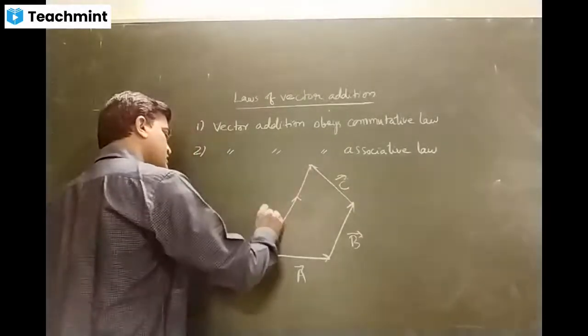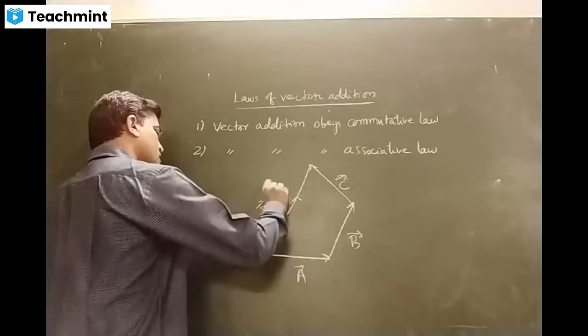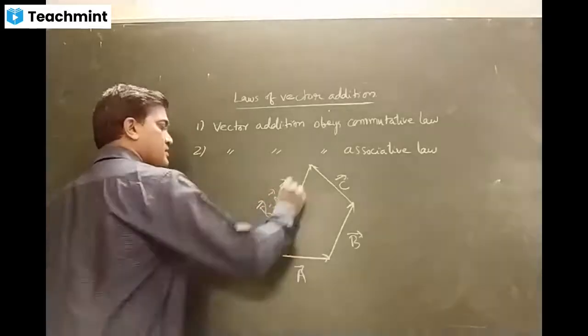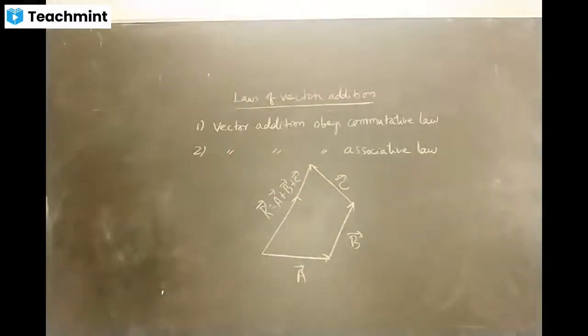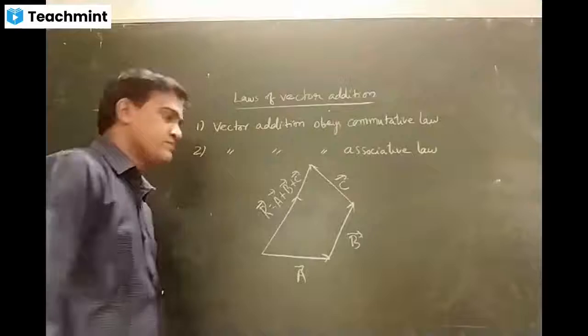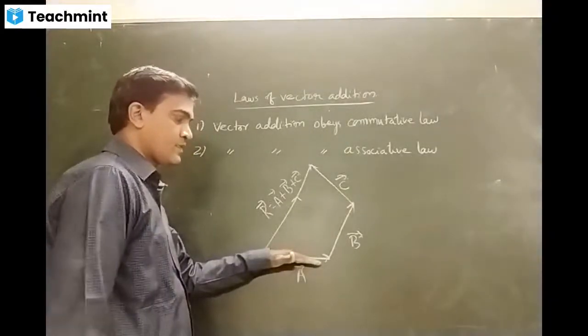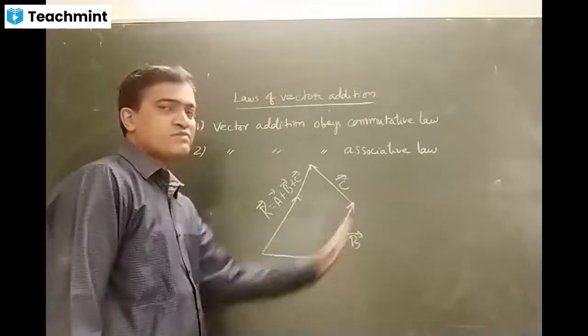So what should be the resultant now? Resultant R bar is equal to A bar plus B bar plus C bar. I can also show it in this way. First vector A bar, this is second vector B bar.